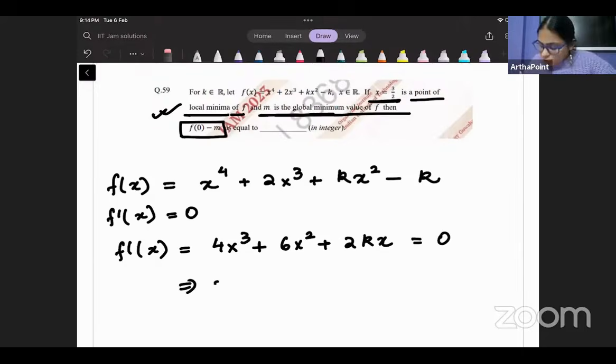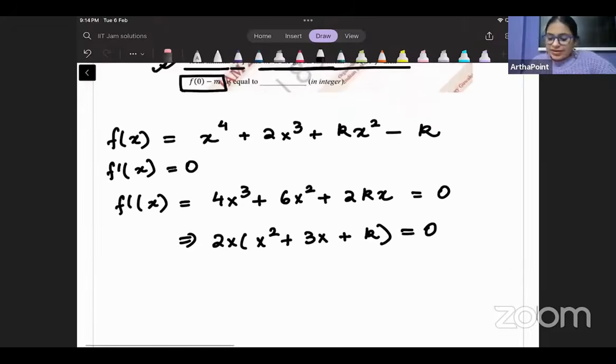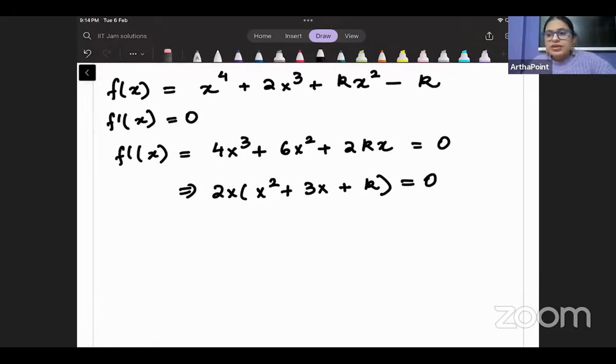Beta, let me take 2x common. I will get x square plus 3x plus k equal to 0. Clear? So I want the first derivative to be equal to 0.